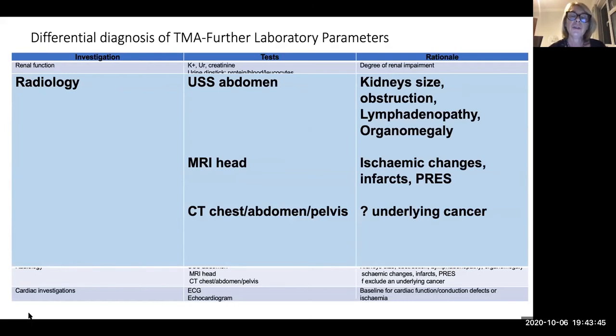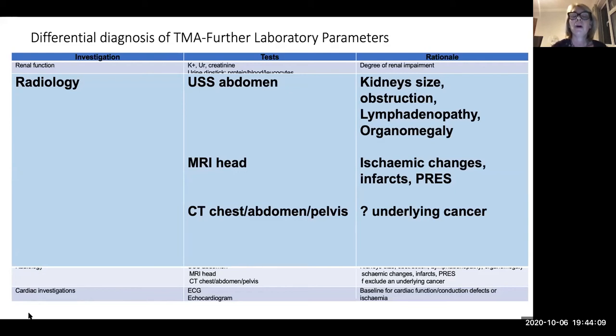With regards to doing types of imaging, we don't do this immediately. We should be getting on and sorting out treatment. However, we do an ultrasound of the tummy to look at the size of the kidneys and if there's any level of blockages and the size of organs. Again, we do it for TTP patients, but it's particularly relevant for HUS.